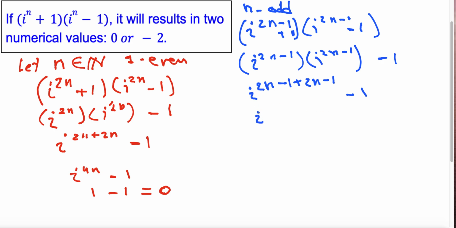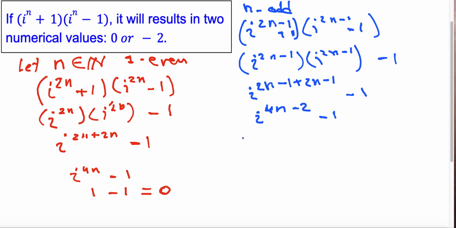And if we are simplifying with the like terms, it is going to be 4n minus 2. 4n minus 2.